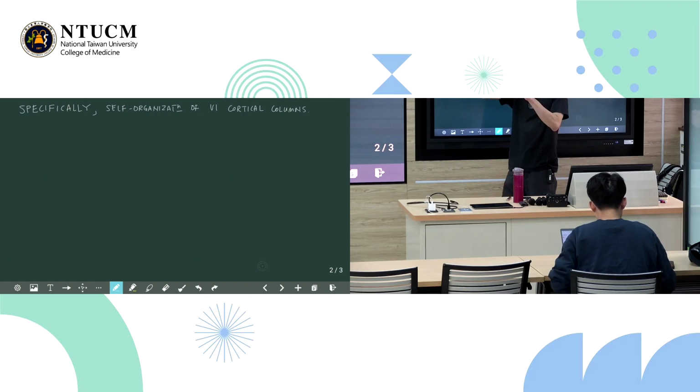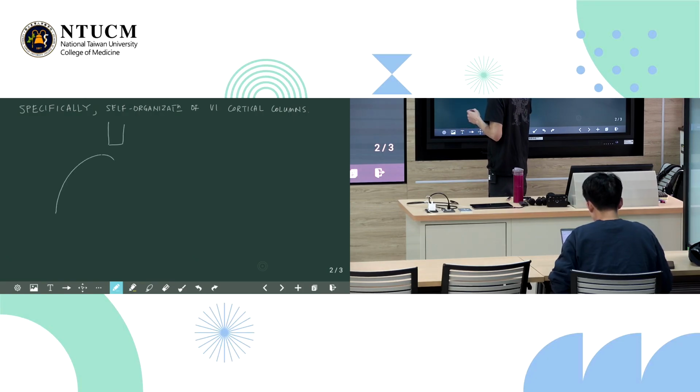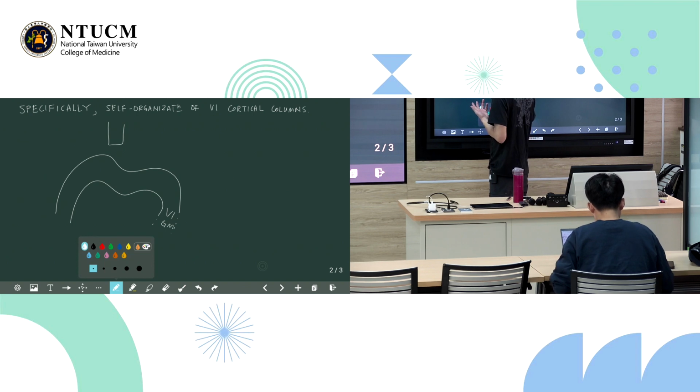Okay, that's what that figure with the colors was, right? That's what those are. So imagine you have a sensor, and this is the V1 gray matter. If you move, you are able to see this array here.